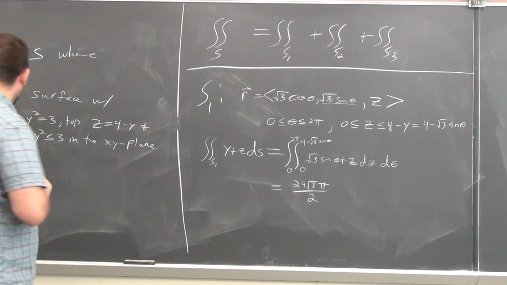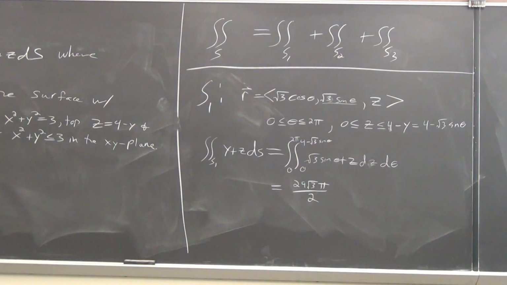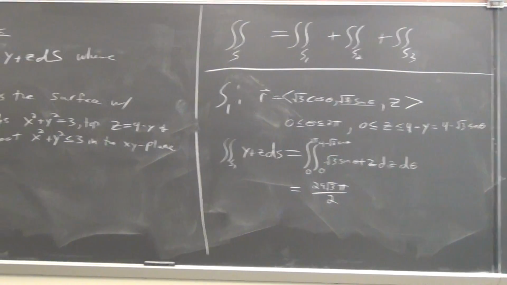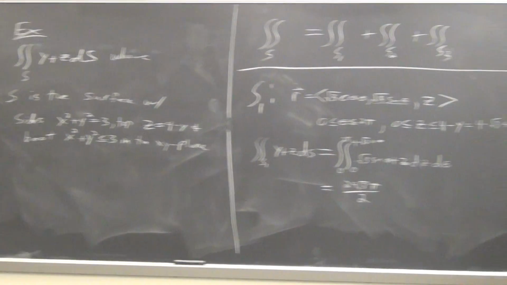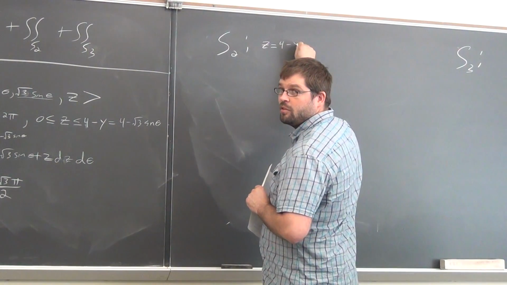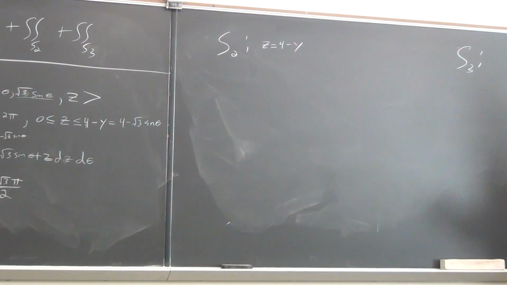How about S2 then? So now you're just going over that surface on the top. So how would you parameterize that guy? This one, I'll just say, is already given to you, right? z equals 4 minus y. And so you can just use that form that we were using before.